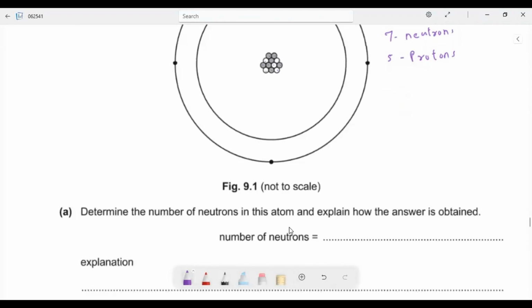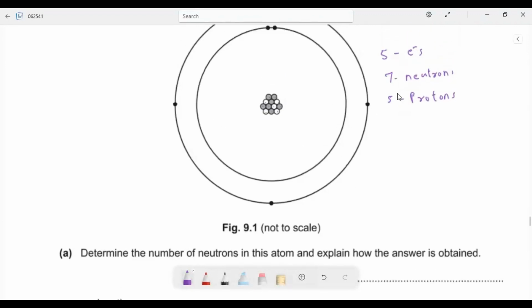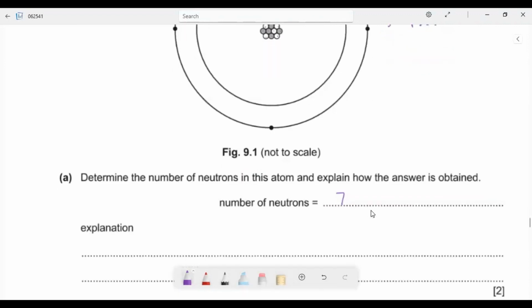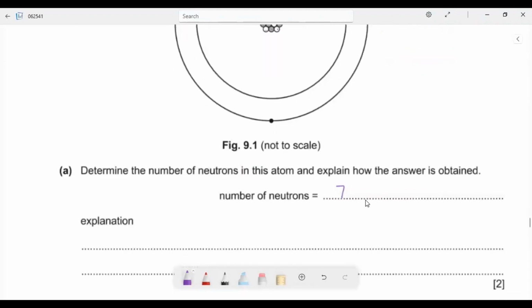Determine the number of neutrons in this atom and explain how the answer is obtained. So we have already calculated that it is 7. Explanation: the gray dots are neutrons.